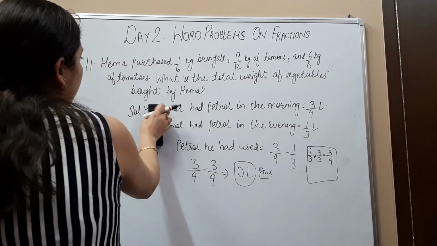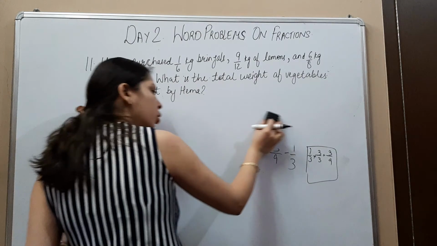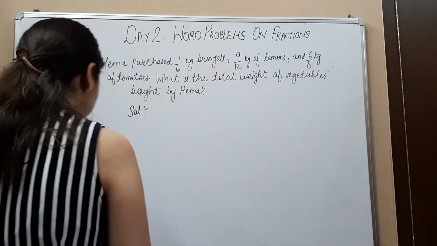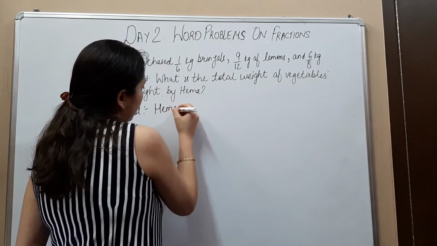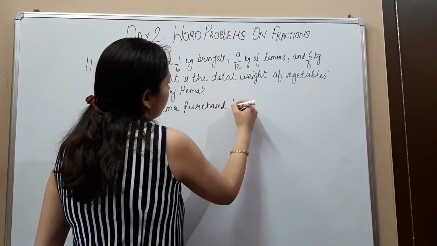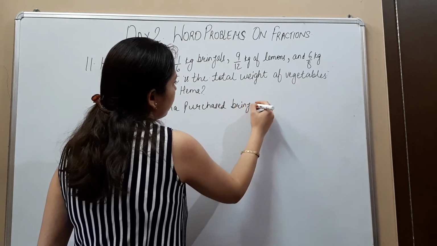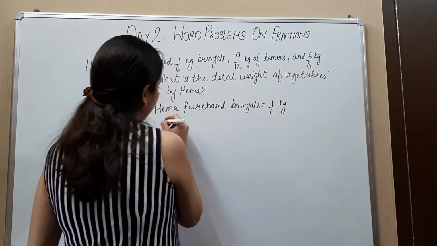So yes, Hema purchased 3 vegetables of different weights. You have to find the total weight bought by Hema. Means we will add it. Hema purchased brinjals equal to 1 by 6 kg.